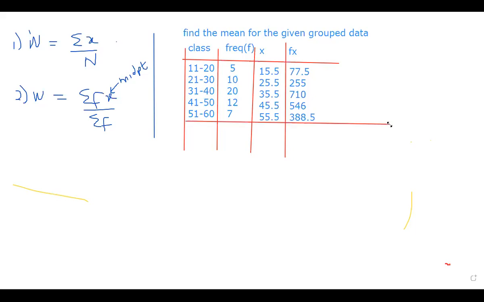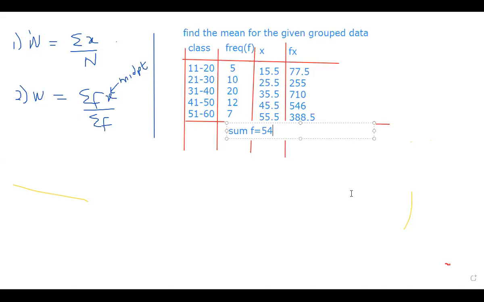So now let's total our frequencies and the fx. Let's do the summations. Summation fx, I got 1977. Good. Then summation f, the frequency, I got 54. Okay, good.